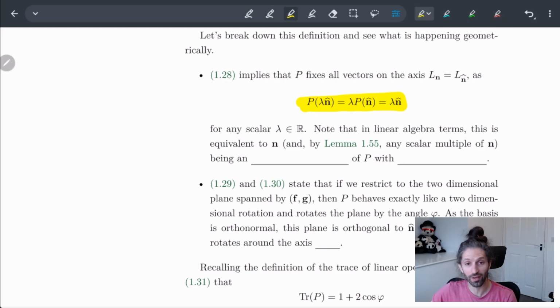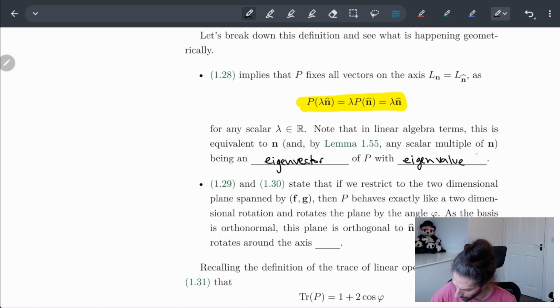So what's another way of seeing this? If we look at linear algebra, what this is basically saying is this is equivalent to n being an eigenvector of P with eigenvalue 1. Why is that? Well, what is this, right?